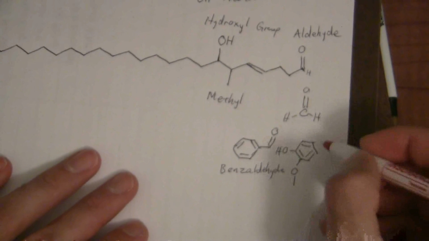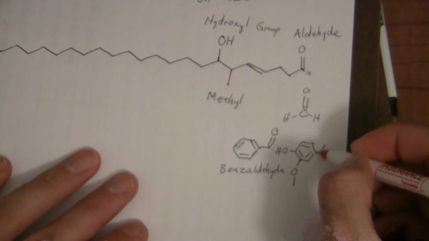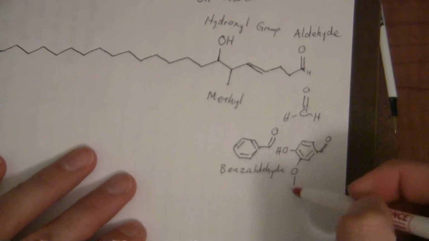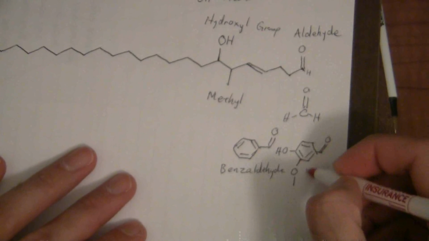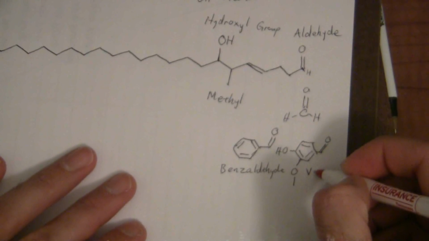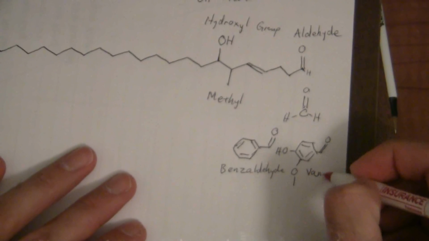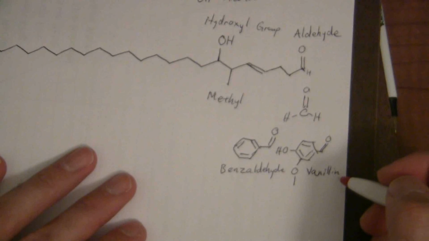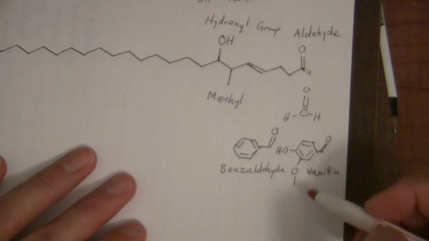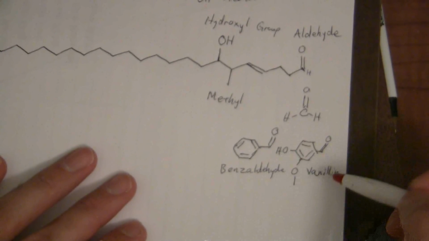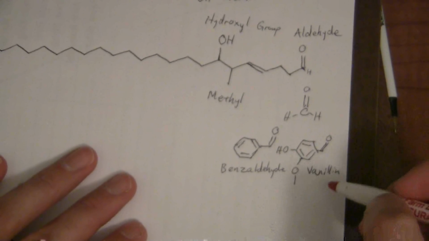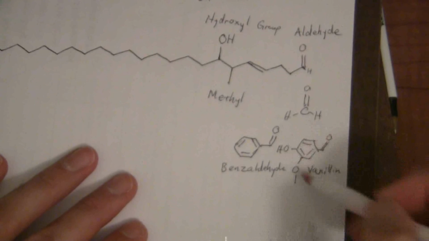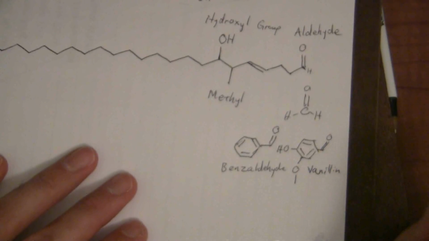And then it also has, of course, the aldehyde group. This one is a compound called, by its common name, vanillin. And vanillin, as the name suggests, is what gives vanilla its flavor. Artificial vanilla is largely this compound vanillin.